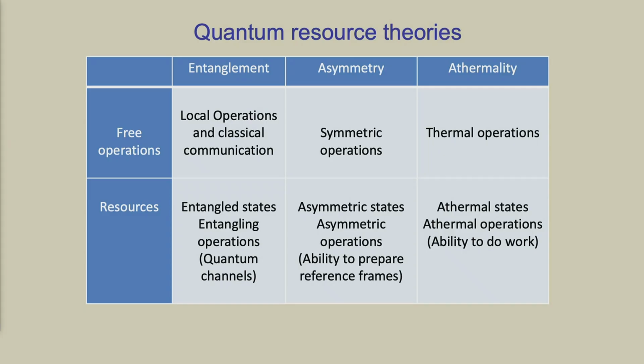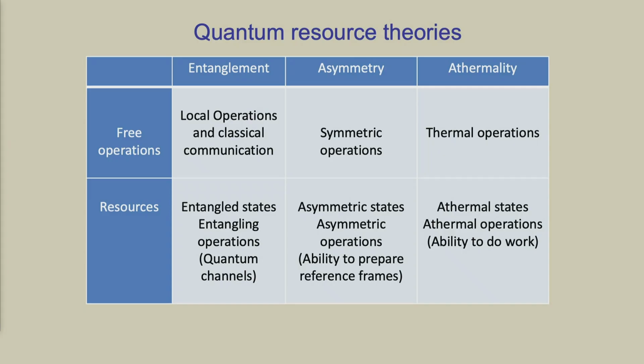So here's two other examples of resource theories. You'll see a third example in David's talk. What I like to call the resource theory of asymmetry is one where what's free are the symmetric operations. And I'm going to define precisely what that means in a moment. But in any case, it's things that fail to break symmetry. Those are free. And anything that does break symmetry, so states that break the symmetry or operations that break the symmetry, those are resources.